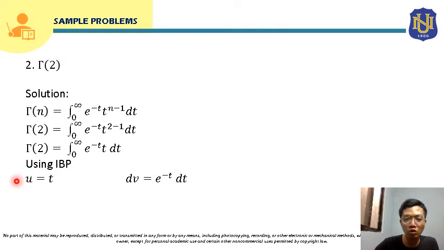Now we solve for the derivative of u is equal to t, and that is just du is equal to dt. And for dv is equal to e raised to negative t dt, we will just integrate both sides. Integrating this, the integral sign and d will just be cancelled. So this will become v is equal to negative e raised to negative t.